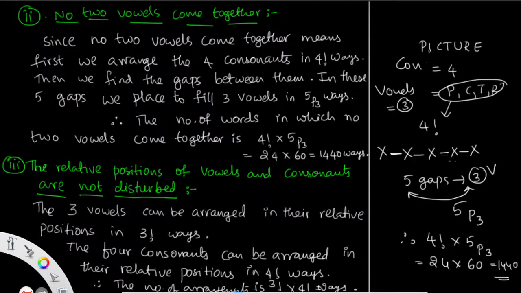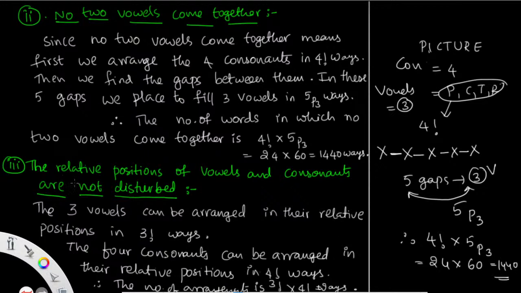Then we find 5 gaps in between them for the 3 vowels. So it can be done in 5p3 ways. So the total number of words in which no two vowels come together is 4 factorial into 5p3, that is 1440 ways.